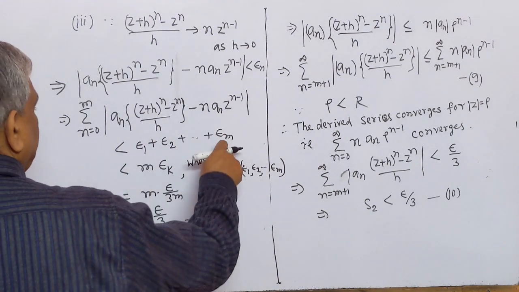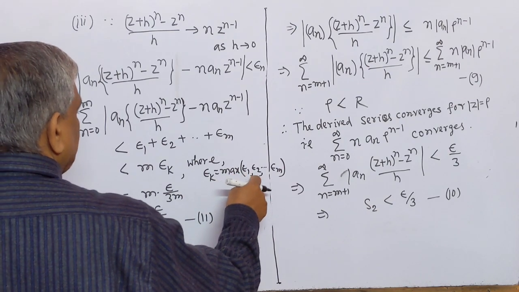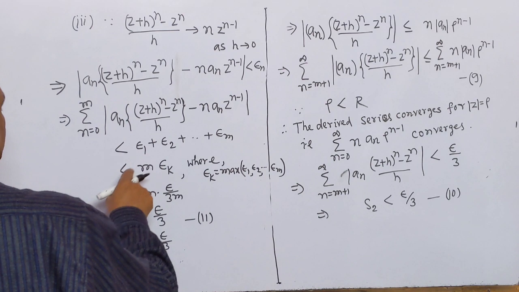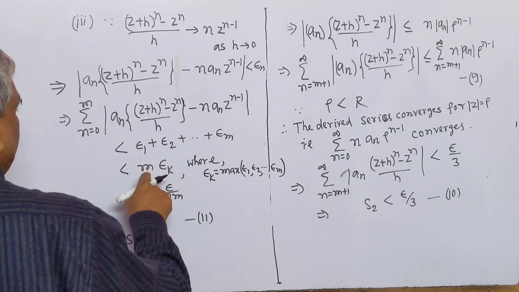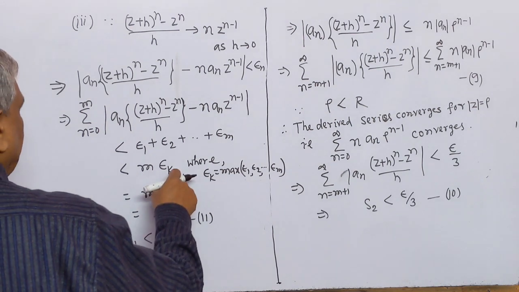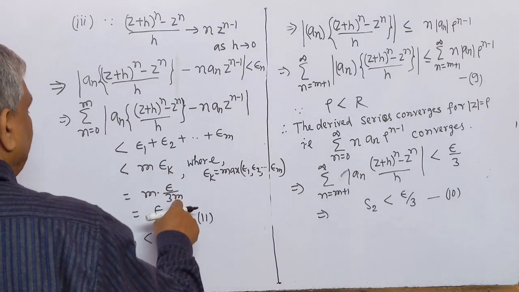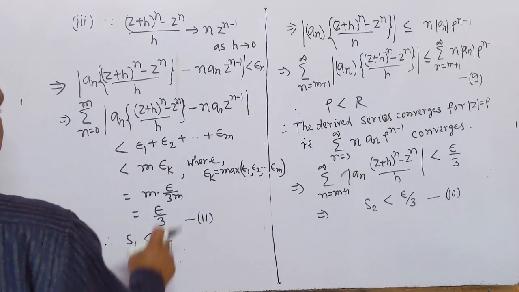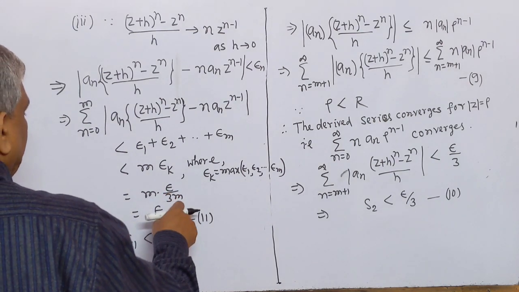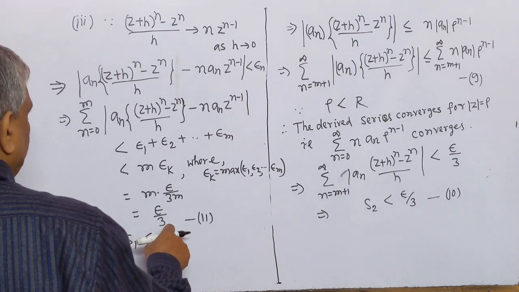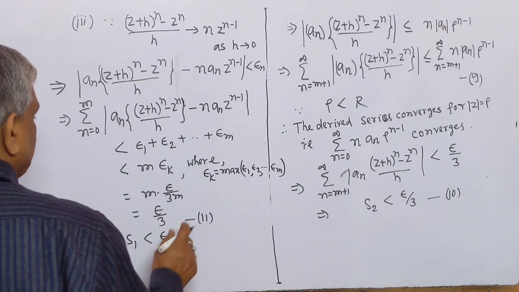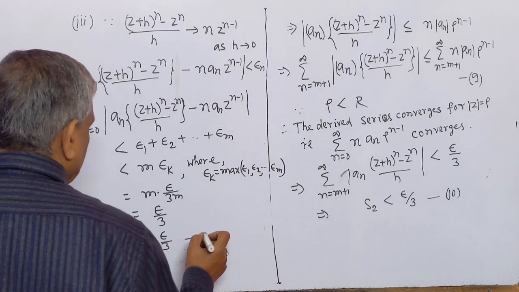Let epsilon k be the maximum of epsilon 1, epsilon 2, epsilon m. So we may write this is less than m into epsilon k. Let epsilon k be epsilon by 3m. It is our choice. So here m cancels. This is epsilon by 3. Therefore S1 is less than epsilon by 3. Let this be 11.